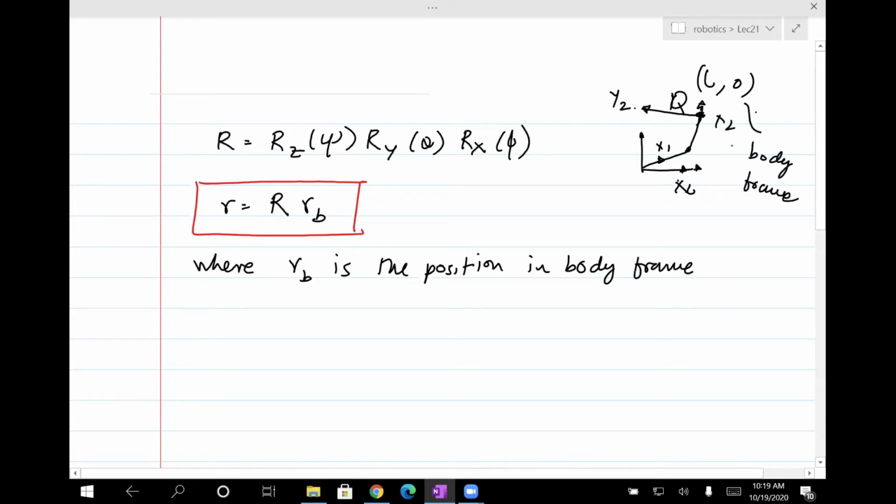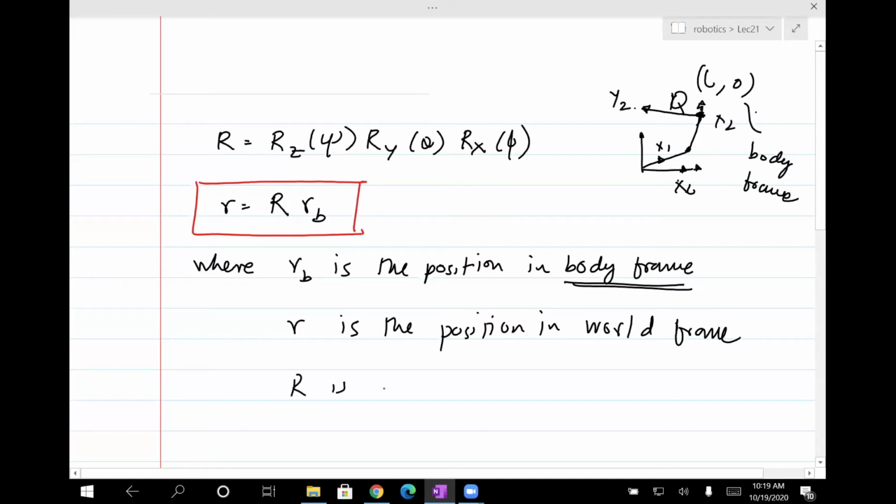Okay, so if you have the position in body frame, then we can find its position in the fixed or the world frame by using this transformation. So R here is the necessary rotation matrix.